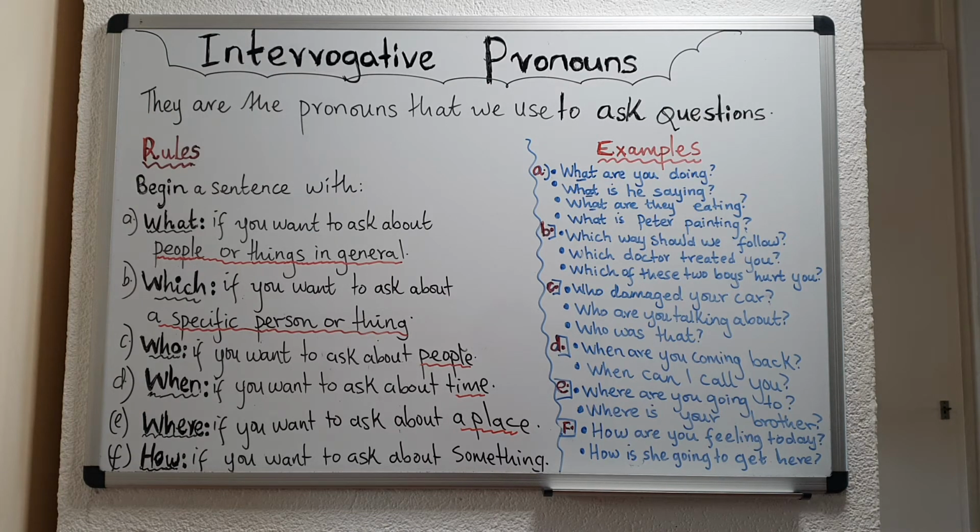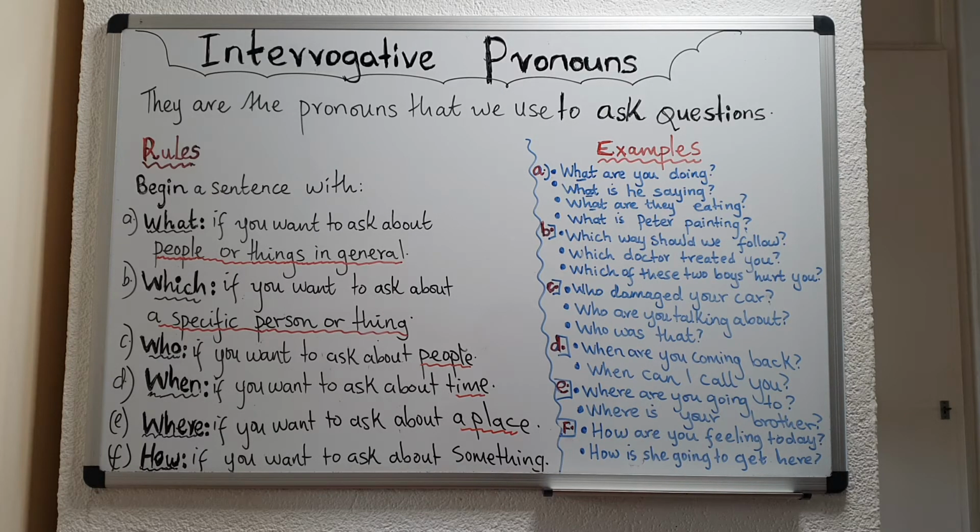They are what, which, who, when, where, and how. To be able to ask questions in English, you use a specific interrogative pronoun that is suitable for that question. To be able to do that, we have some rules.